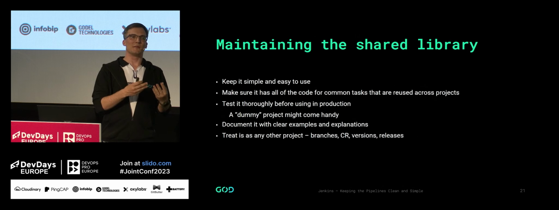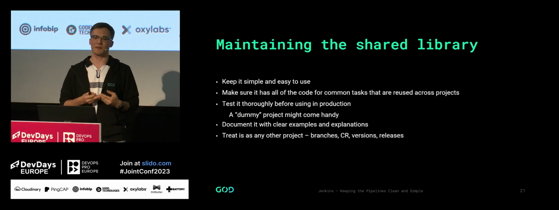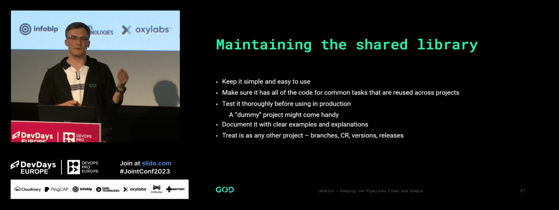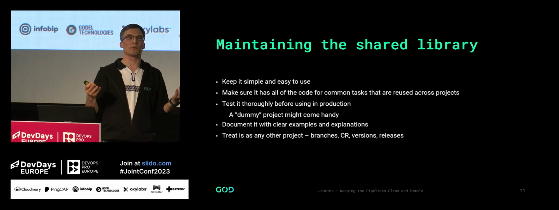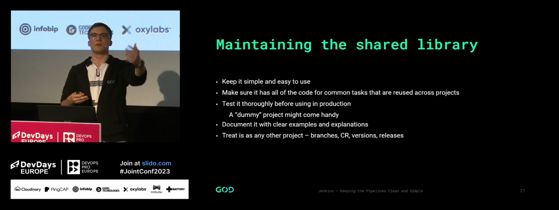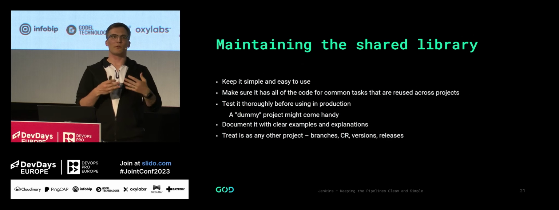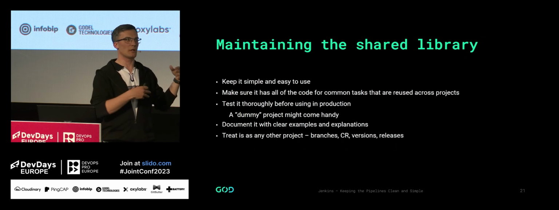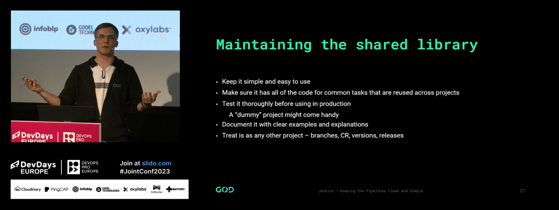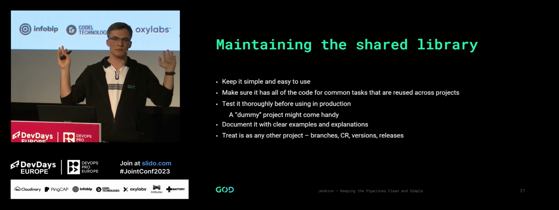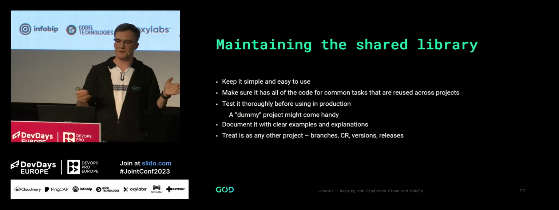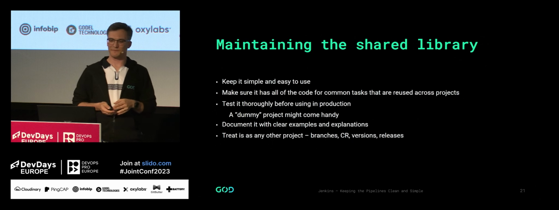It might look nice and cool, but when you try to debug why something doesn't work, it will be hard. It will be even harder because most of the time the shared library is just code that works. You want to deal only with the Jenkinsfile and use the library as some external resource. It has a simple API, you use it, it works, and it should have no problem. The way to avoid problems in the shared library is to keep it as simple as possible.